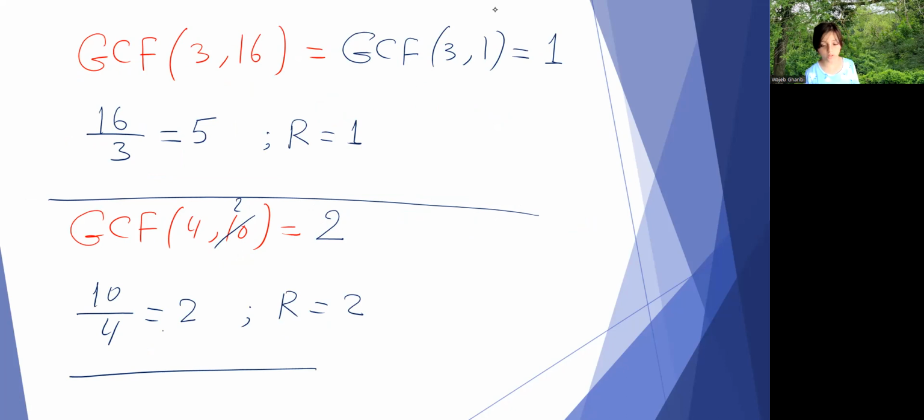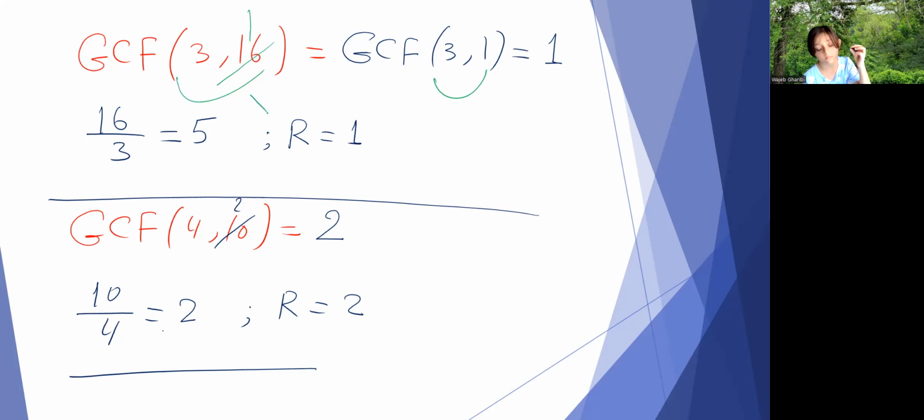The greatest common factor of 3 and 16 is the same as the greatest common factor of 3 and the remainder of 16 by 3. The remainder is 1, so the greatest common factor of 3 and 1 is 1. So we can write here 16 divided by 3 is 5, the remainder is 1, so we put 3 and 1. The greatest common factor of 3 and 1 is 1.